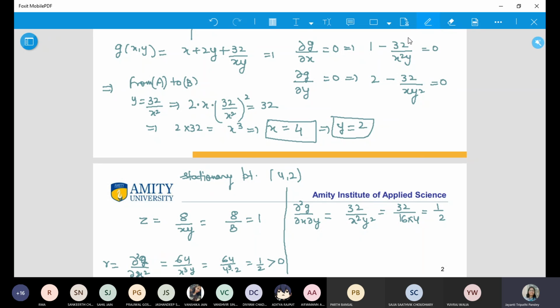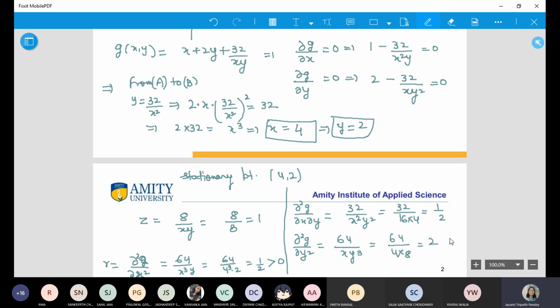Is this okay? You are differentiating this with respect to y, so it will give you y square. Minus minus will become plus. Then find del 2g upon del y square. This is 64 upon xy cube. So that is 64 upon 4 into 8. That is 2.